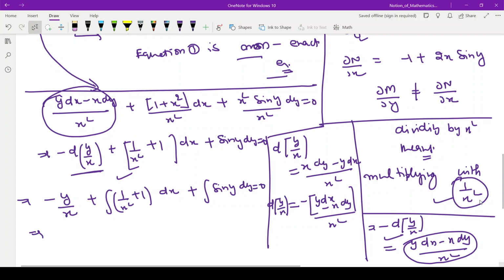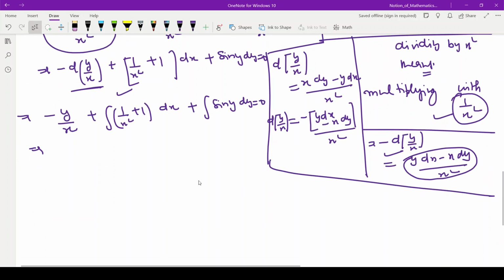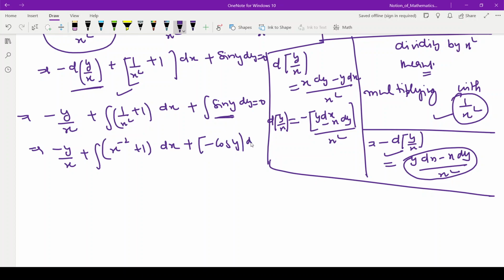So we can write it like minus y upon x plus integration of (x to the power minus 2 plus 1) dx, plus integration of sine y dy, which is minus cosine y. One more thing I want to amend here: if I am integrating the RHS, there is one improvement, it will be equal to c.